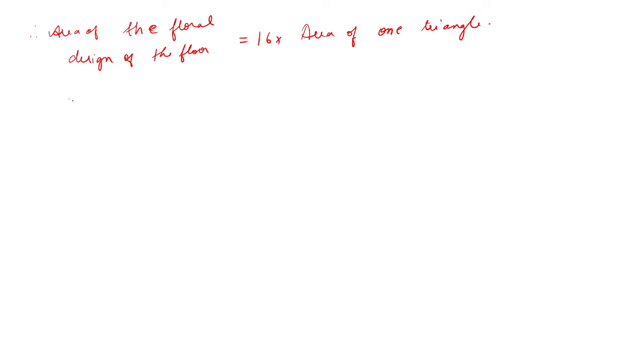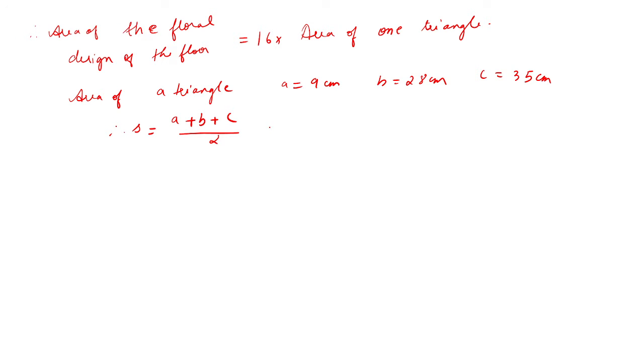So the area of a triangle: we have a as 9 centimeter, b as 28 centimeter, and c as 35 centimeter. Therefore your s will be (a plus b plus c) by 2, which is 9 centimeter plus 28 centimeter plus 35 centimeter by 2.